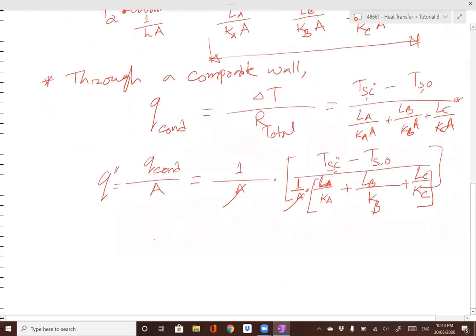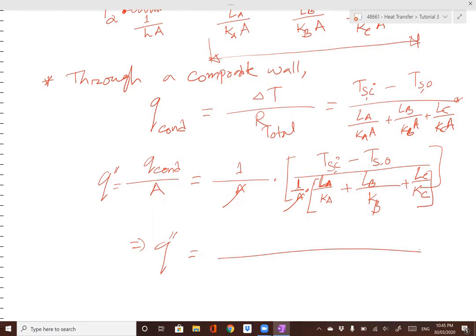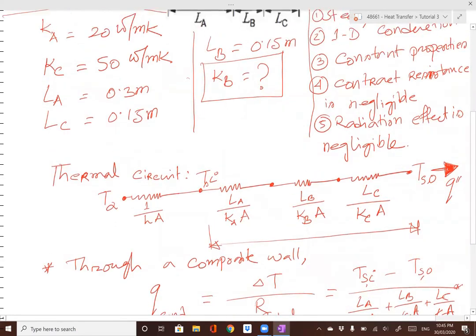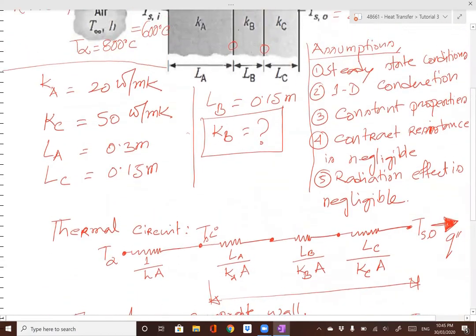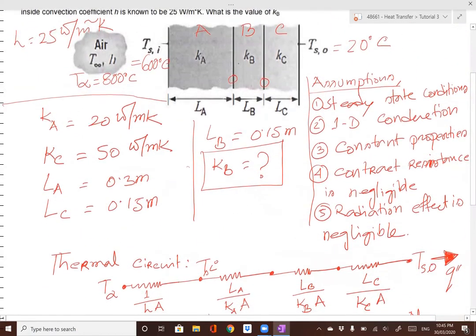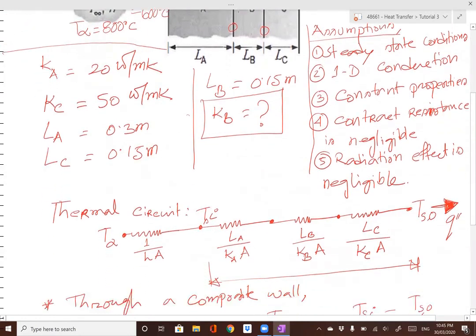Now if I put in all the values, for the heat flux: the inside wall temperature of the oven is 600 and outside is 20.